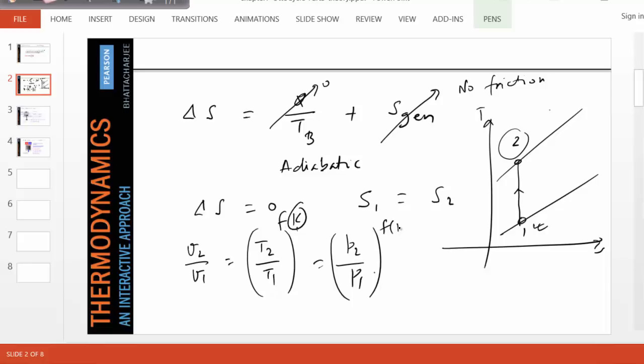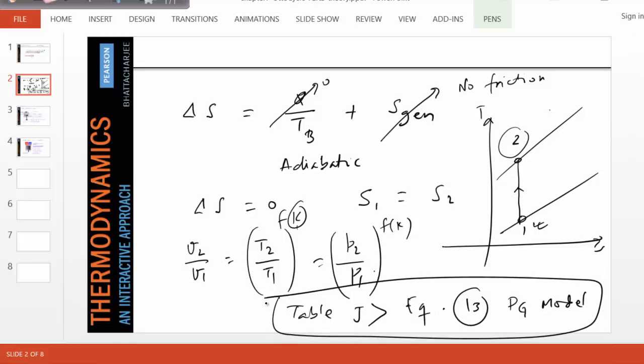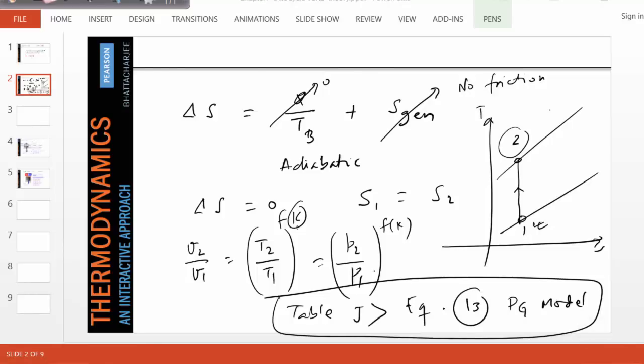That's equation 13 that we have been talking about from the PG model, and that's in table J. So if you go to property tables, table J, there's a handout that you should print out, and you go look at the isentropic equation. So in other words, if you know state 1, which is the outside air, we can find state 2 after the compression process. Okay, so far so good.